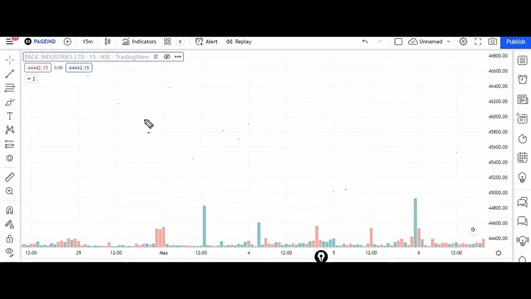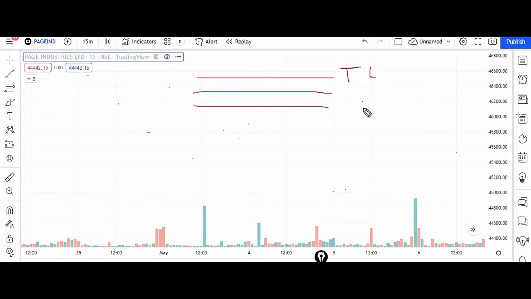Next type of CPR, which is medium. Next one is medium CPR, which has average space between TC and mid pivot and bottom central pivot. Okay, price can't propagate most of the times through these levels. Okay, but it happens very rarely.